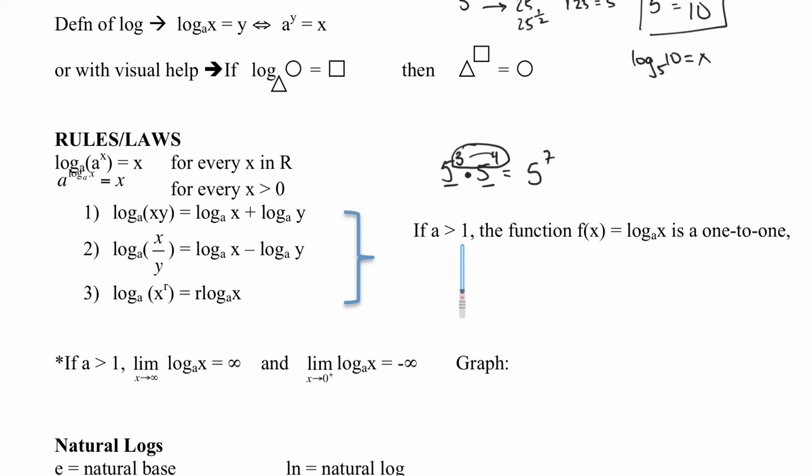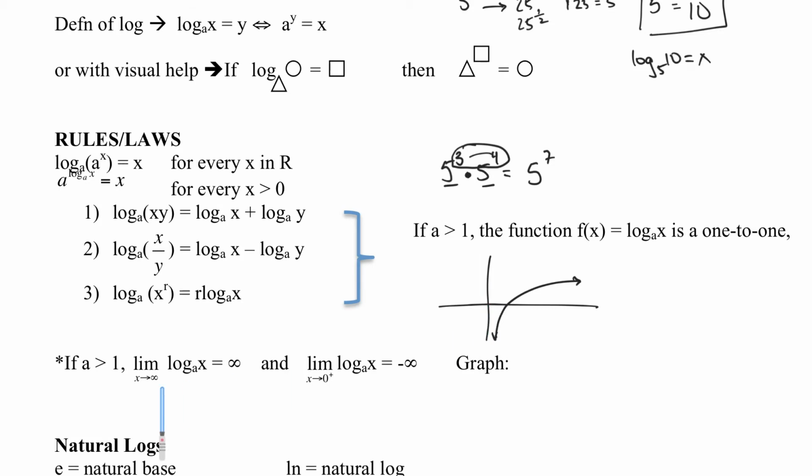So if a is greater than 1, the function f of x equals log base a of x is 1 to 1, because of what a logarithm graph looks like. And it looks like this. You notice that it approaches the y-axis but never crosses it right here.